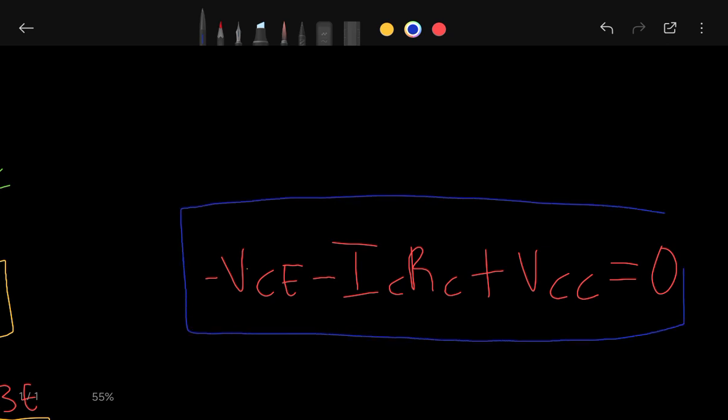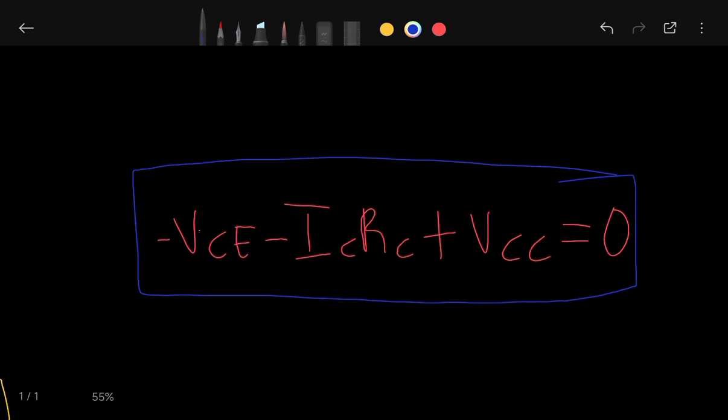Since we have this formula, you can solve for anything. You can solve for VCE, you can solve for IC if you are not given the gain, or you can also solve for RC. Let me just solve for VCE.